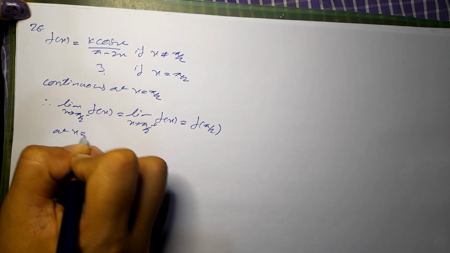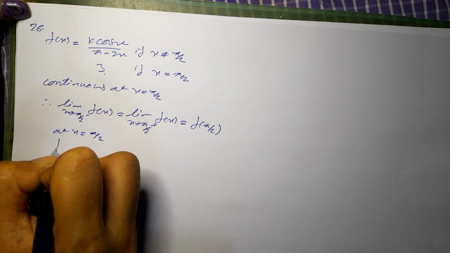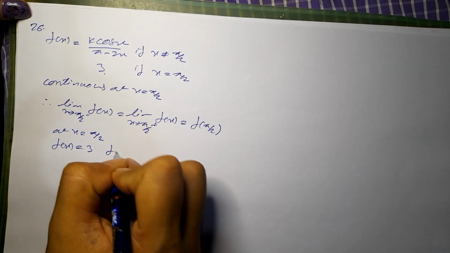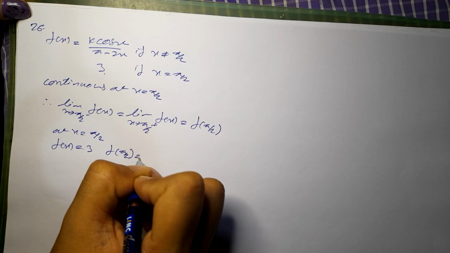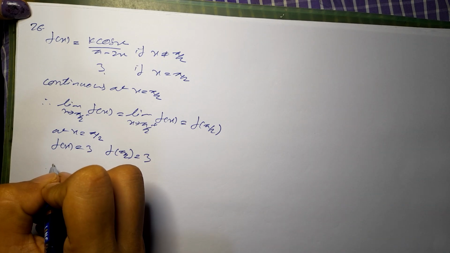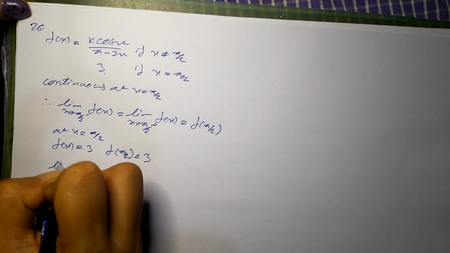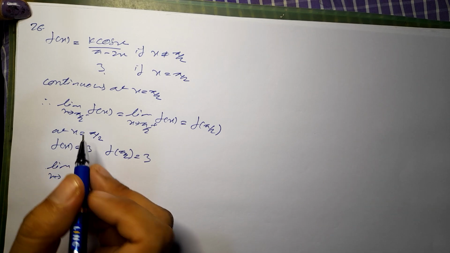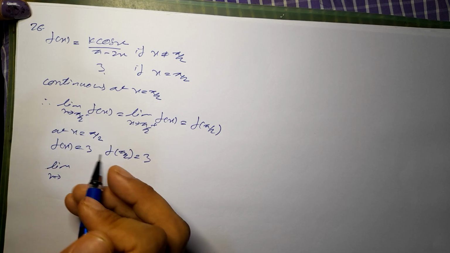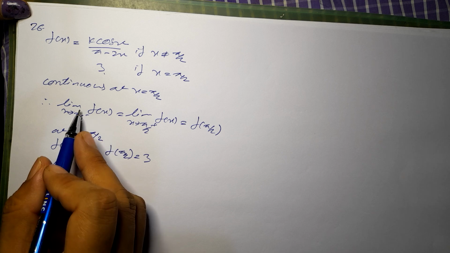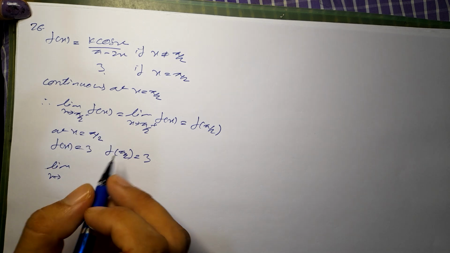At x equal to pi by 2, f of x is equal to 3, this is a constant, so it will remain the same. Now the left hand limit. Finding one limit is enough, either of them, because we need the value of k only, so no need to find both limits, only one is enough.